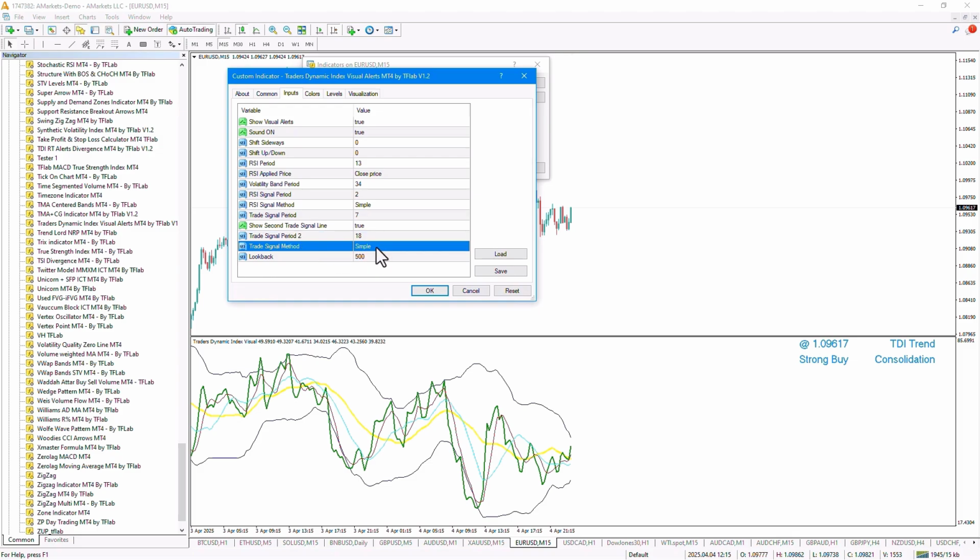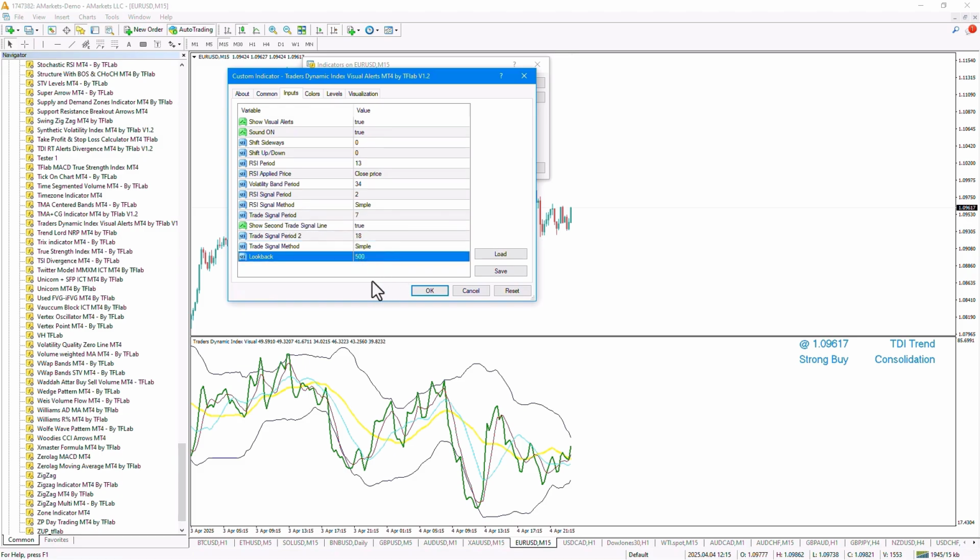In this section, you can also set the trade signal method to be used for the second signal line and the slow signal line or trade signal too. Here there are 4 modes: simple, exponential, smooth, and linear weighted, which are the basis for calculating trade signal period 2 and trade signal period 1.